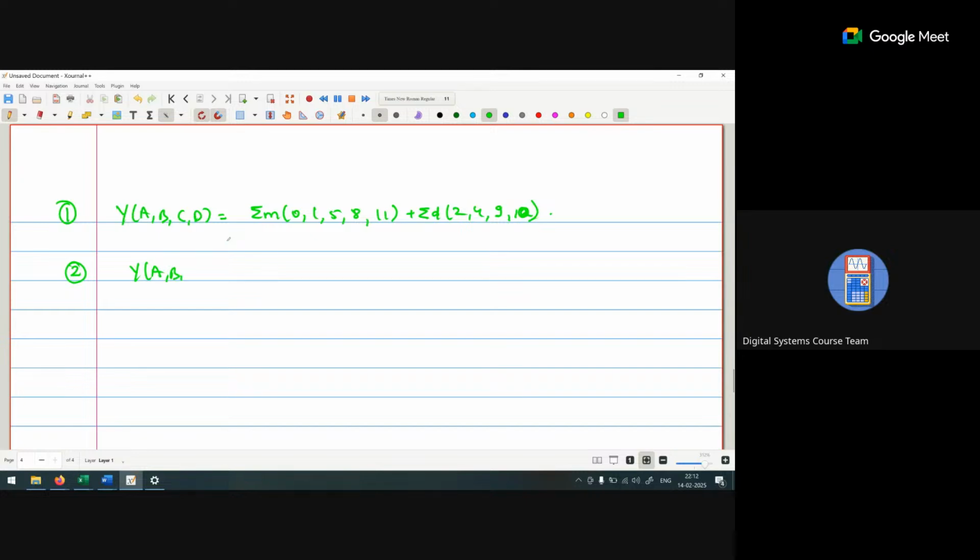Question number 2: Y of A, B, C is equal to sigma m 0, 3, and 6 plus sigma d 4 and 7.